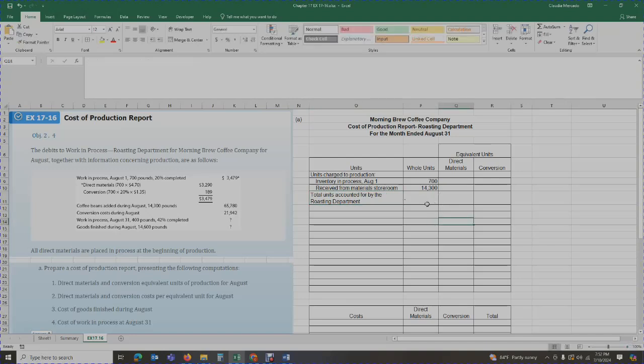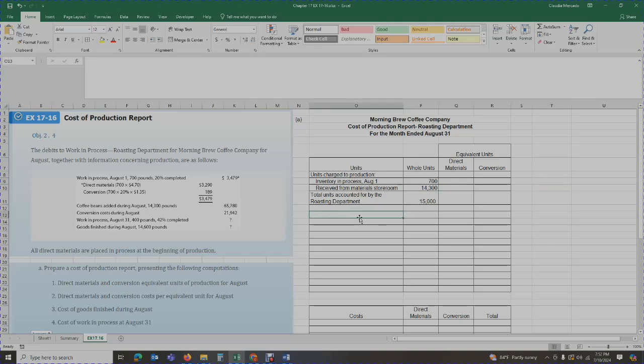To get the total, we started off with 700 pounds of coffee, then we added 14,300 pounds, that's given to you in the problem. So my total units to account for is going to be the sum of those two. I'm going to add those two amounts together. That gives me 15,000. That's the total units. Those are the units that are going to be charged to production, those 15,000 units.